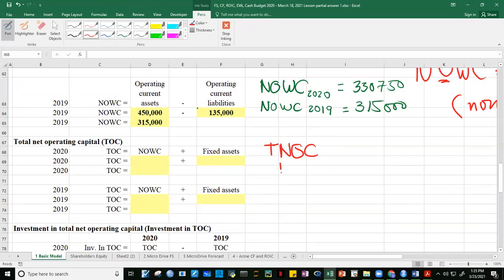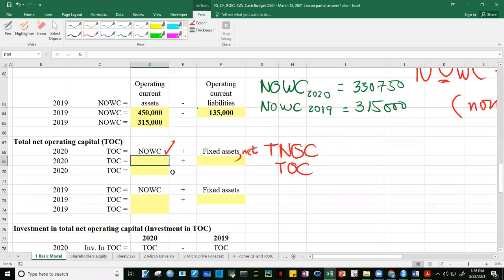Total net operating capital or total operating capital, they're the same. And the formula, guys, is NOWC, and we already have NOWC, plus fixed assets, and kindly take note that this should be net. I forgot to put net here. In this instance, we should use net. Okay, so let's compute for that.